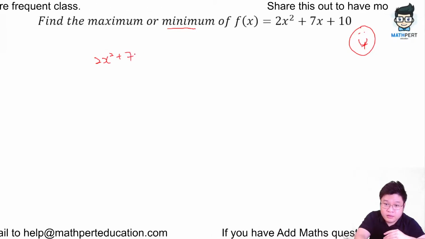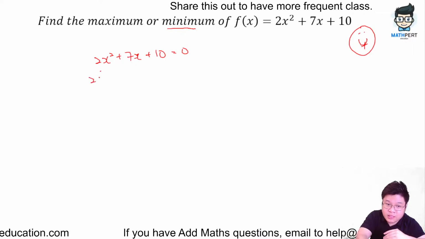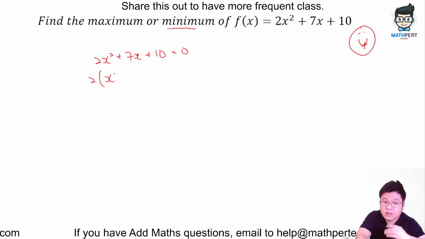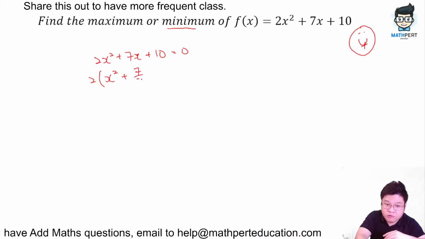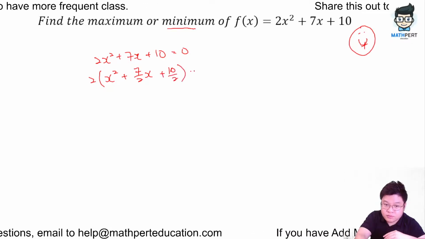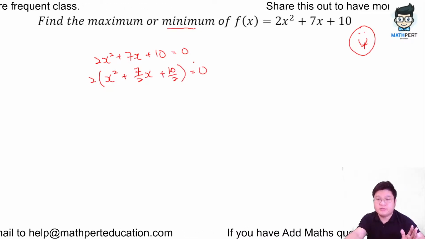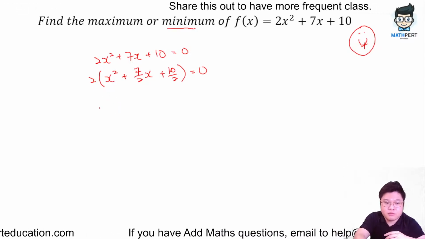Plus 10 equals 0. So completing square, factor the 2 out. Make sure the coefficient of x squared is 1. So it will be x squared plus 7 over 2 x plus 10 over 2. We are not changing anything, so we just factor the 2 out.